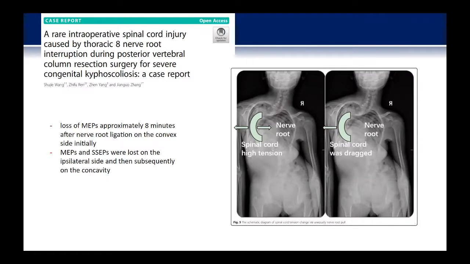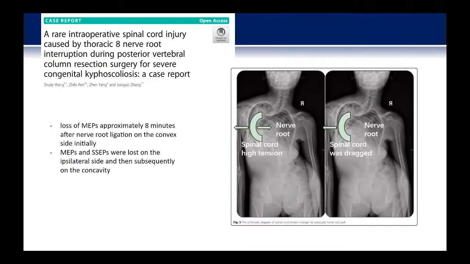So it's not exactly our same case, and I think that the reasons for our neuromonitoring changes are quite different from this case, in that we did not have any coronal plane deformity that may have been causing any type of stretch injury on the spinal cord, but it certainly was an interesting case to look at and to take note of this potential problem.